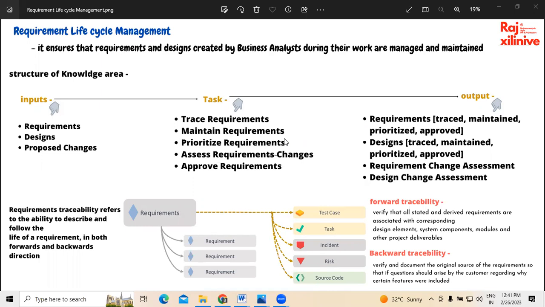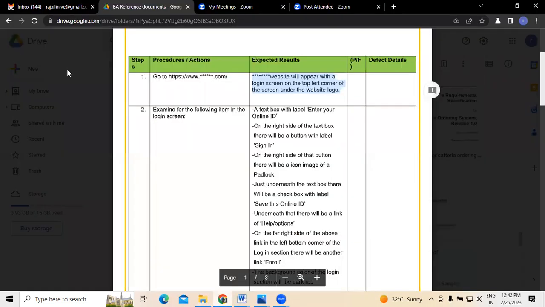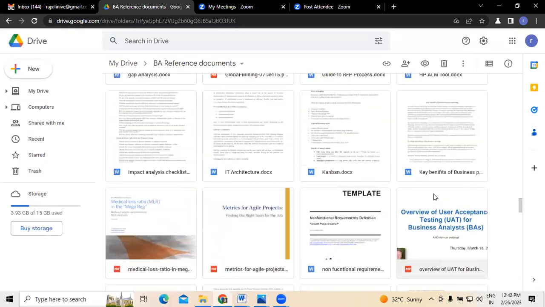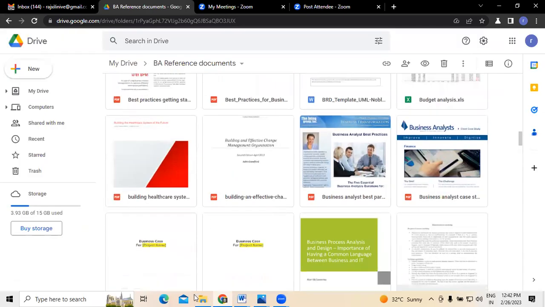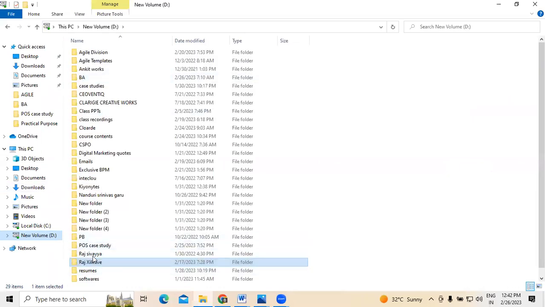But once the requirements document is frozen and the team has started working on the application, we normally prepare a change order request form. This is where assessing requirement changes comes into the picture. There is a form for this called the change order request. I will show you.